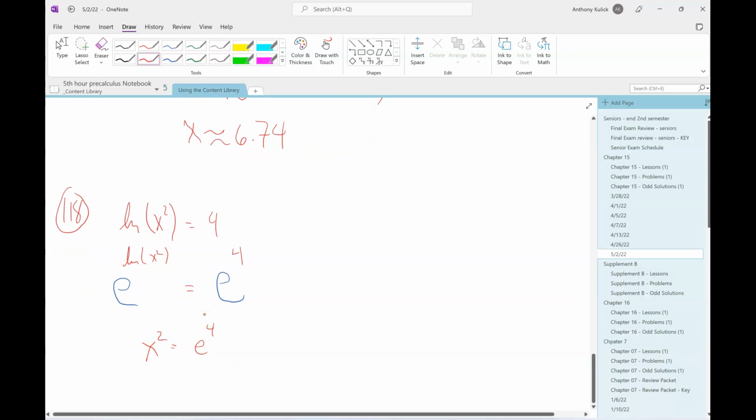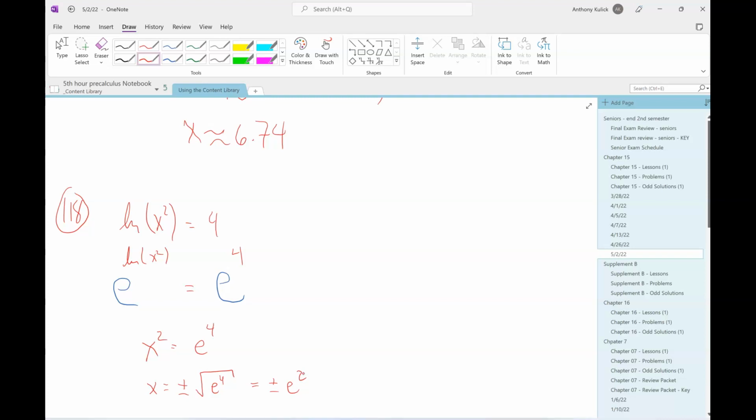So I get x squared equals e to the 4th. We'll square root both sides. So I get plus or minus the square root of e to the 4th, which is just plus or minus e squared. But remember, it's a logarithmic equation, so I have to check.